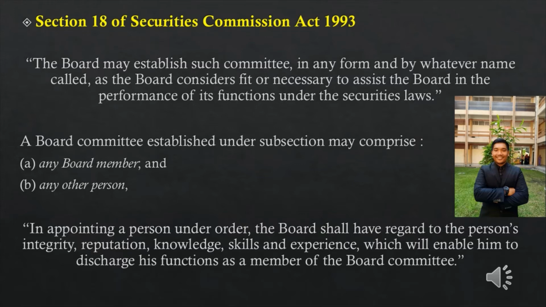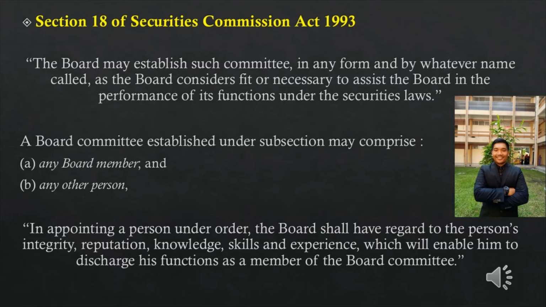It says the board may establish committees in any form and by whatever name called, as the board considers fit and necessary to assist the board in the performance of its functions under the securities laws. We know that for Islamic fund management, we need to appoint the Shariah advisory, which in a bank we can call committee members.